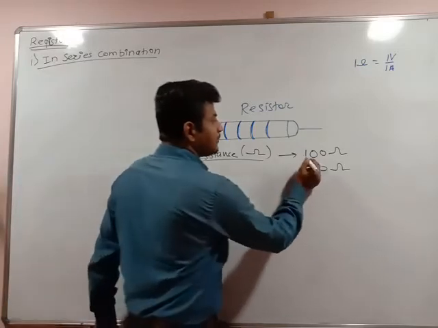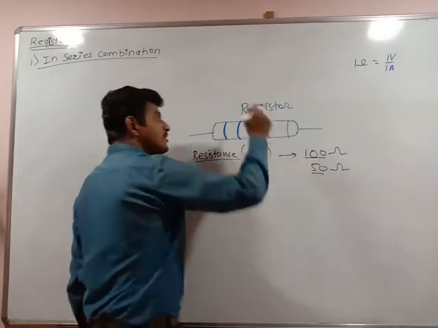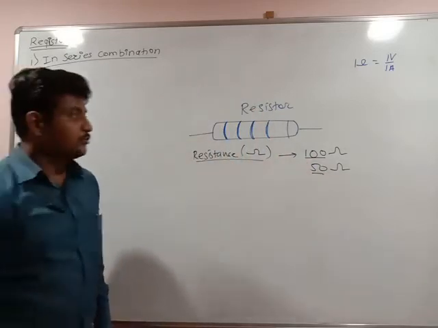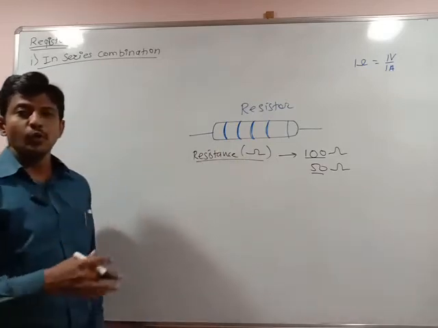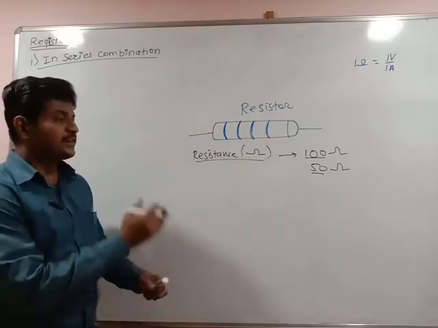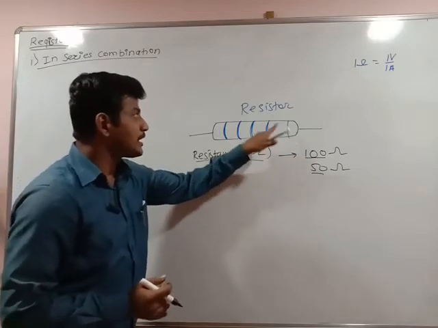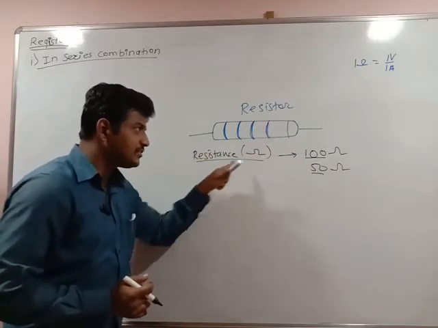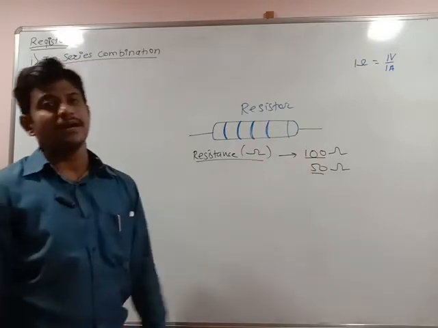So 100 is the resistance of the particular resistor, 50 is the resistance of another resistor. Based upon the different colors, like violet, blue, indigo, and their combinations and configurations, the value of the resistor's resistance is defined. Somewhere it is written as 100, somewhere as 50.